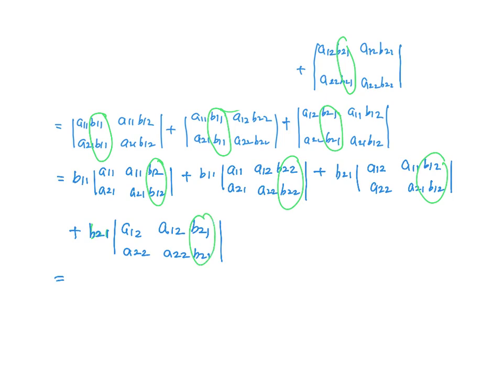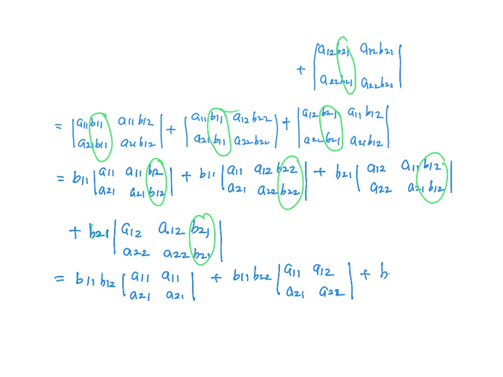So you multiply the whole thing by this constant: B11 B12 times the determinant of A11, A21, A11, A21, plus B11 B22 times A11, A12, A21, A22, plus B21 B12 times A12, A11, A22, A21, plus B21 B22 times A12, A22, A12, A22.